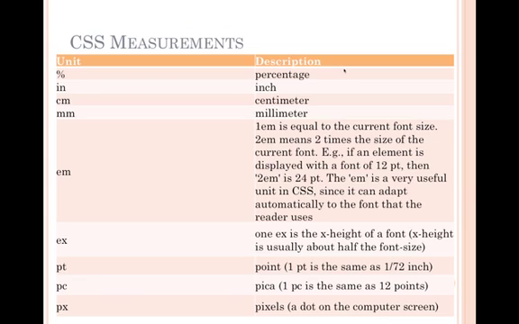So pixels are useful for fixed width layouts, because whenever you measure a computer screen, they're measured in dots, and so some screen resolutions are 800 by 600 points, some are 640 by 480. Most modern ones today are 1024 by 768 or above. So if you're going to have a fixed layout, a lot of times you're going to use the PX unit of measurement.